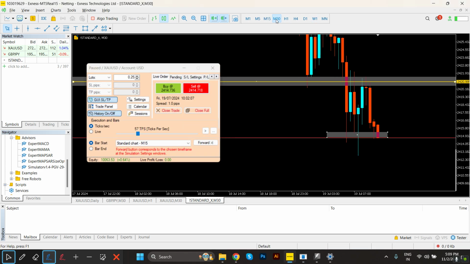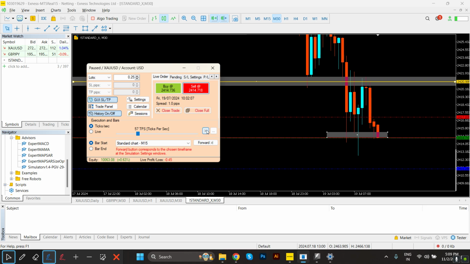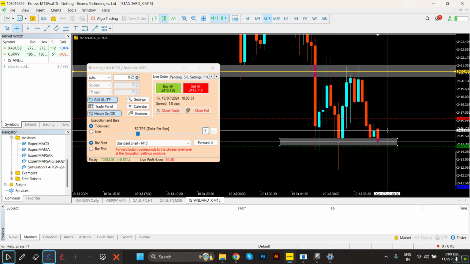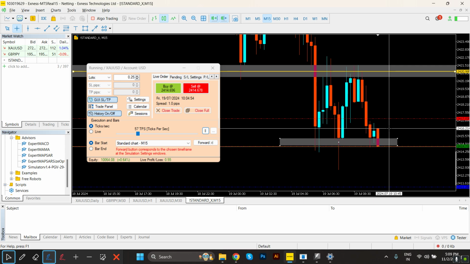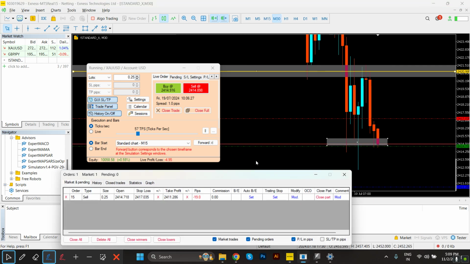0.25, since this 30-minute candle also broke below this support area, I think it's a good idea if we just take a sell and we anticipate price to, if this candle starts breaking its own high, we'll close 50%, but I think it should go down.